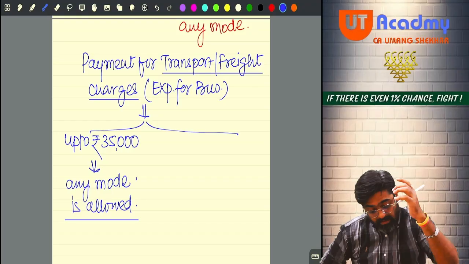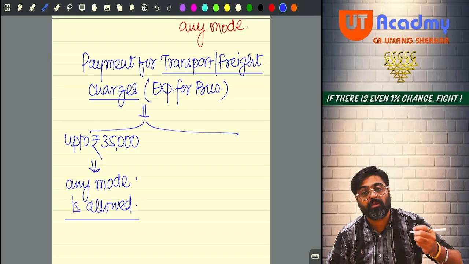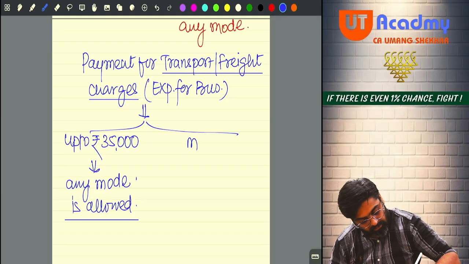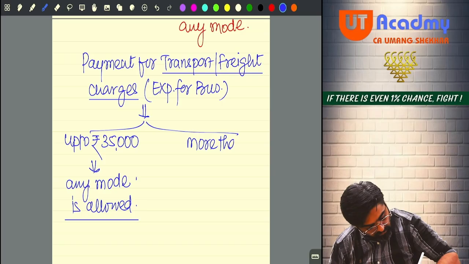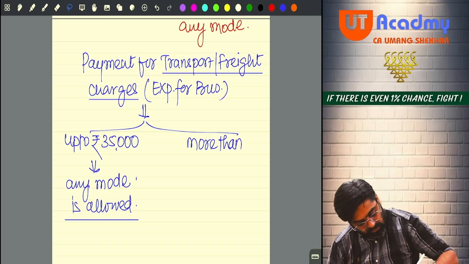But if the payment made to transporters for transport charges or freight charges is what? More than what? 35,000.